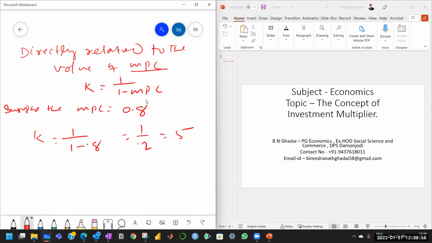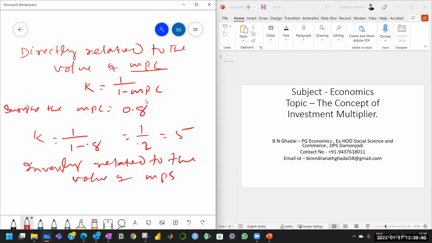And as I told you, the value of multiplier can also be calculated from the value of MPS. And how? The value of multiplier is inversely related to the value of MPS.